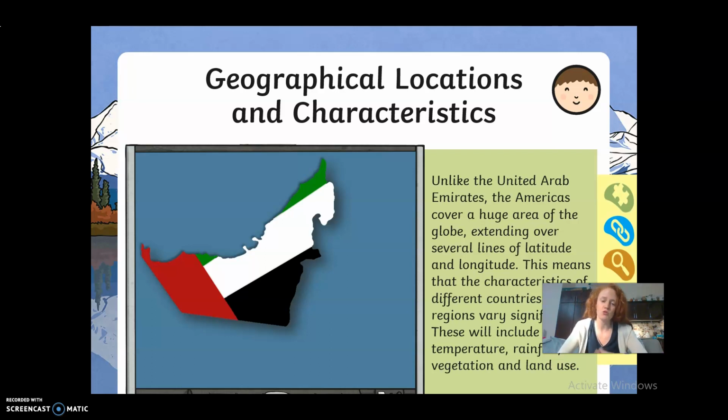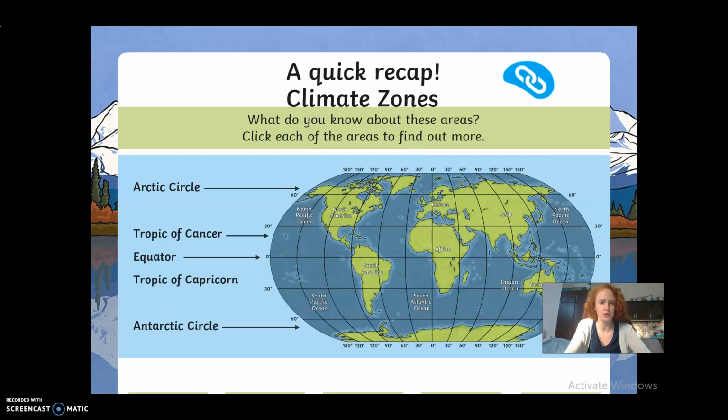Okay, so if we go back to basically these, if you remember, we had about 5 different climate zones. So between the tropics, we have the tropical climate zone. Between tropics and Arctic Circle, that's a temperate zone. And then around the Arctic Circle, that's a polar zone. So it very much depends.